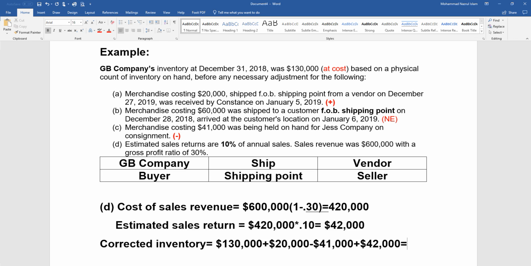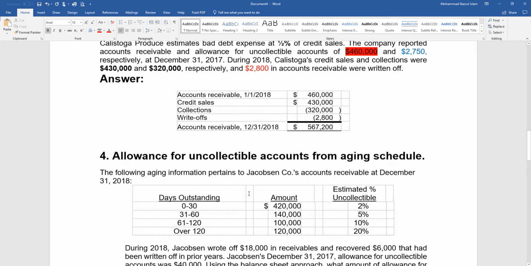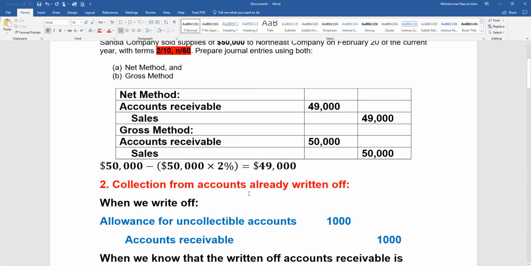So 130 plus 20 plus 42,000 minus 41,000. It's gonna be 151,000. Make sense?